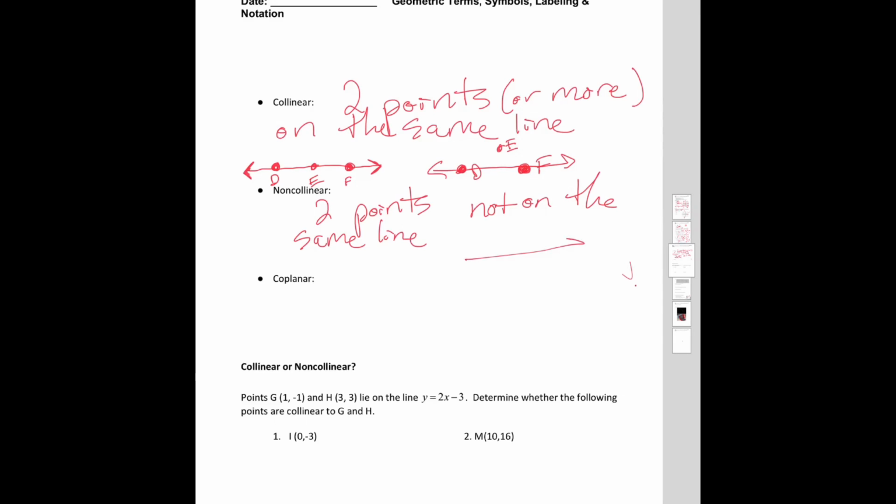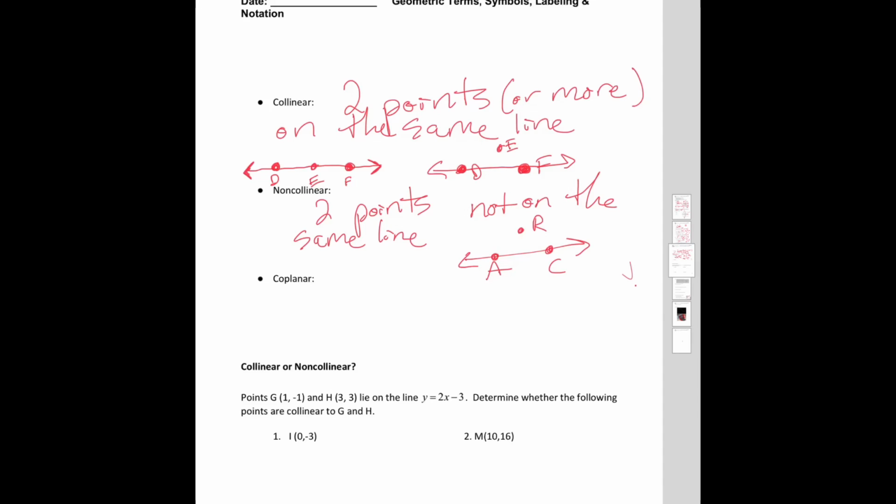Say I have points A and C here. These points are collinear. Now, if I have a point R up here, that's no longer collinear. A and C are collinear, but not A and R or C and R. So it's either they're on the same line to be collinear, or not on the same line, and they're non-collinear.